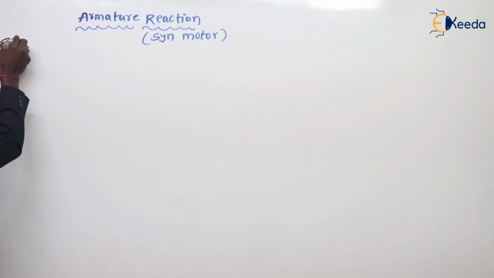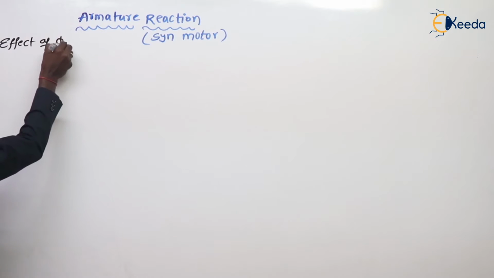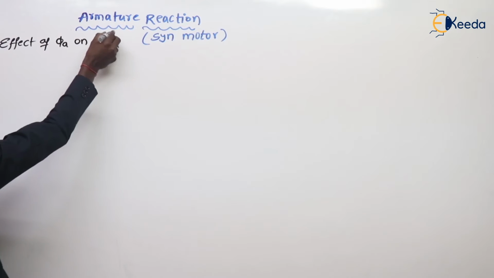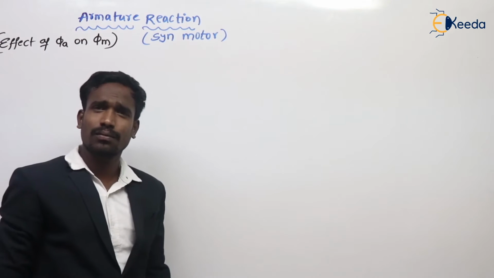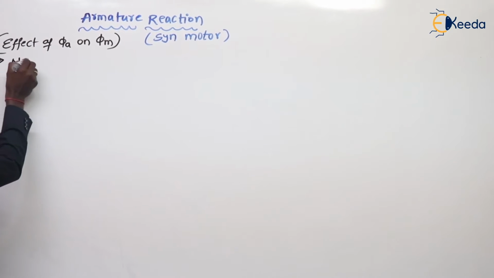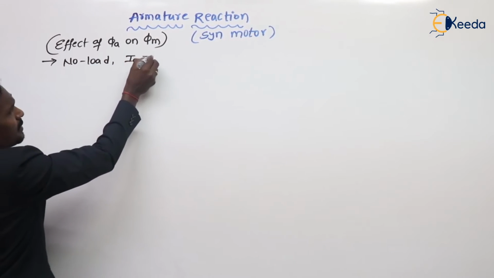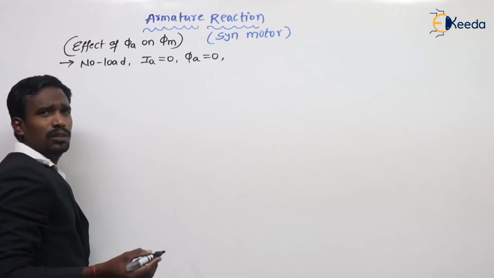Armature reaction is simply the effect of armature flux on the main field flux. For example, at no load condition, my armature current is zero, so my armature flux is zero.